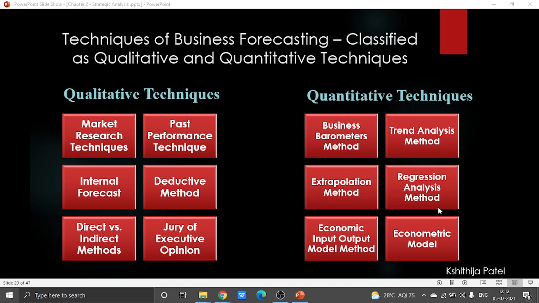Then we have trend analysis. So what is this trend analysis? Now this is also known as time series analysis.